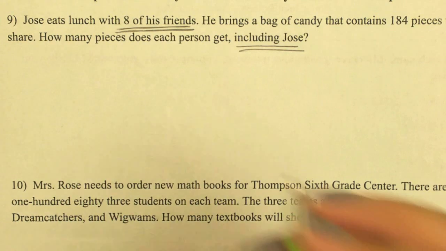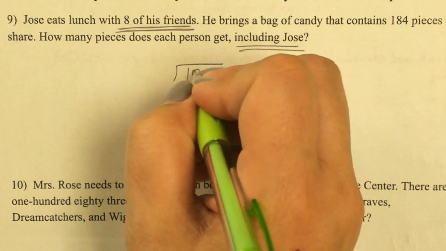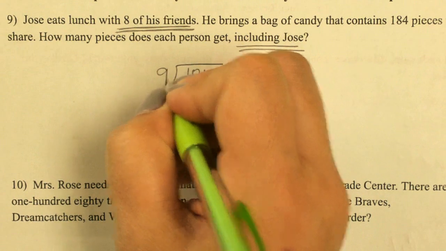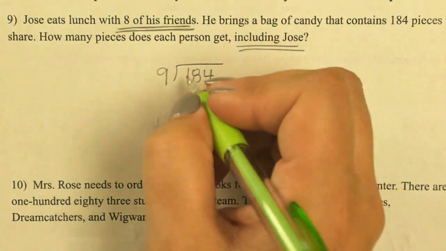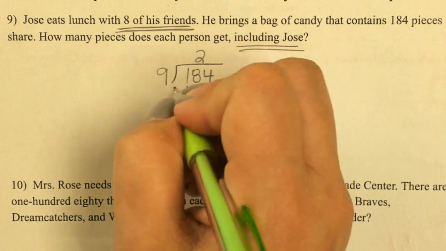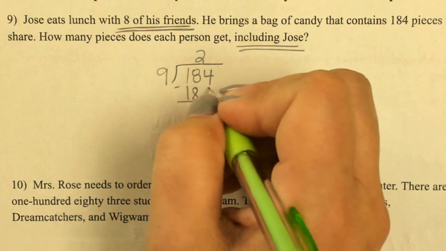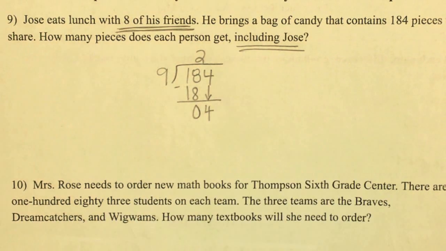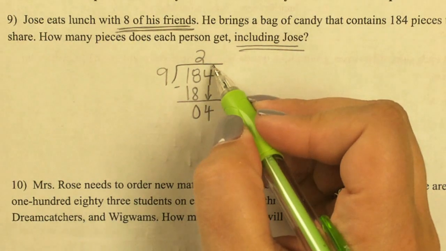So, we would be dividing 184 by 9. How many times will 9 go into 18? 2, which is 18. 0, bring down my next number. Now, you guys noticed this yesterday on your checkpoint. Anytime you bring a number down, you have to have a number up top.